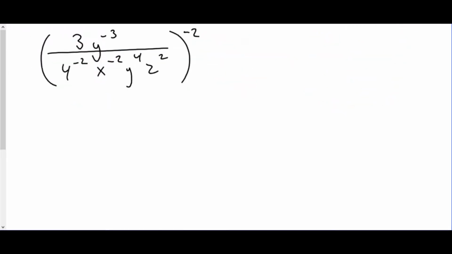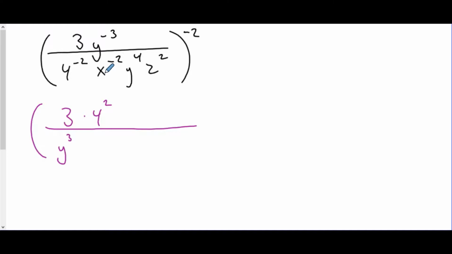A little bit more complicated now. I want to simplify my parentheses or my fraction. Again, a lot of negative exponents, so I'm going to go through and move those first. That 3, no negative exponent, I'll keep it. This y has a negative exponent, so I'll move that down to the denominator to make it y cubed. Denominator, this 4 has a negative exponent, so I'm going to move that up to the numerator.